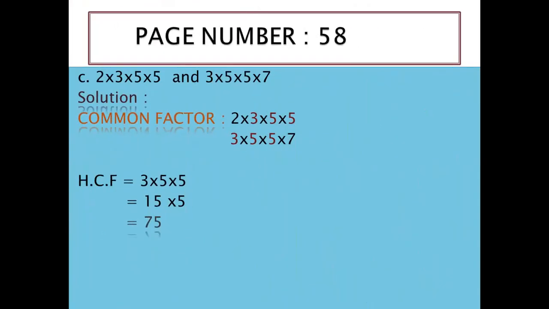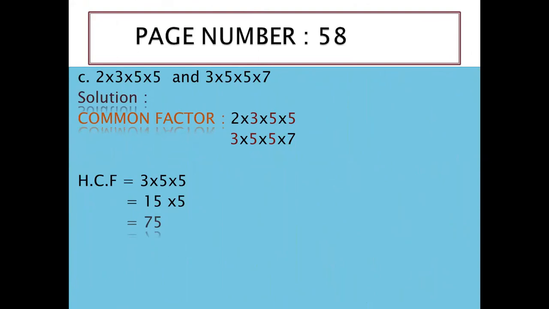The C part of this question is 2 multiplied by 3 multiplied by 5 multiplied by 5, and the other 3 multiplied by 5 multiplied by 5 multiplied by 7. The highlighted numbers are 3, 5, 5.